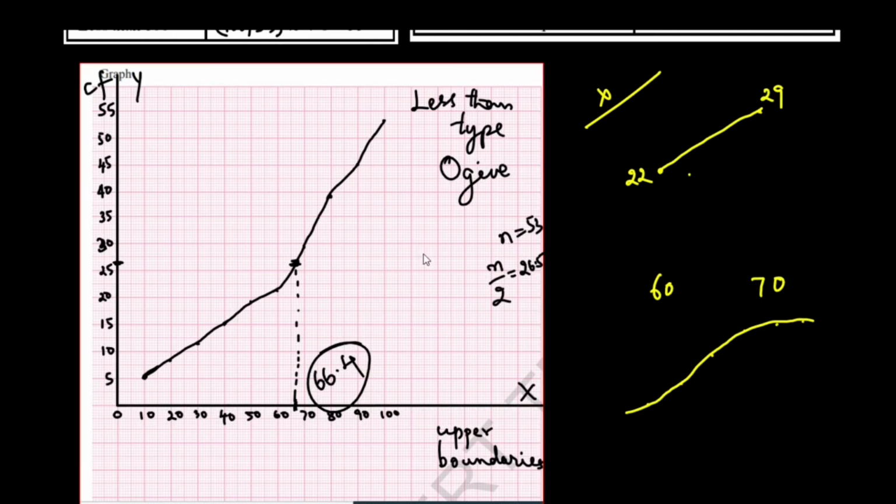In a similar way, we can draw the more than type ogive curve, and using both the less than type and more than type ogive curves, we can find the median value. When we draw both curves, they intersect at a point. Let us draw the more than type ogive curve on this same graph.